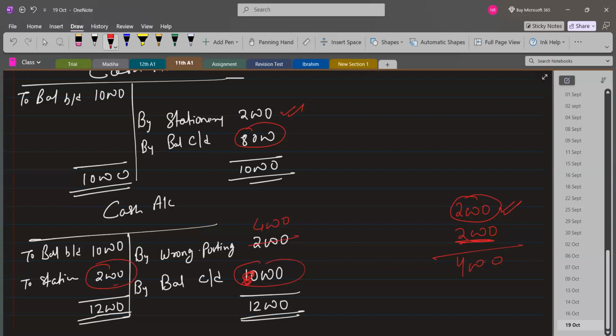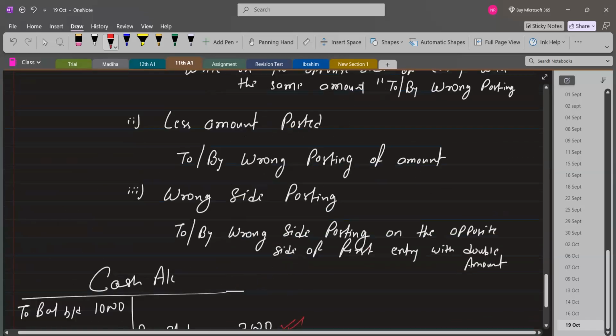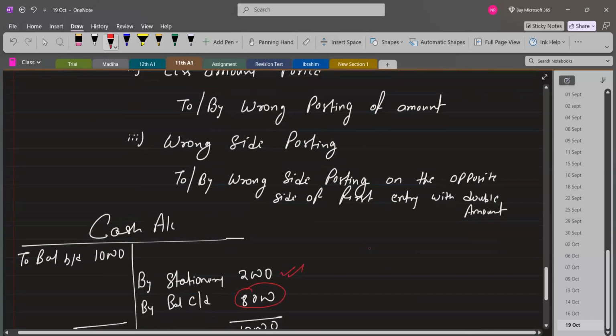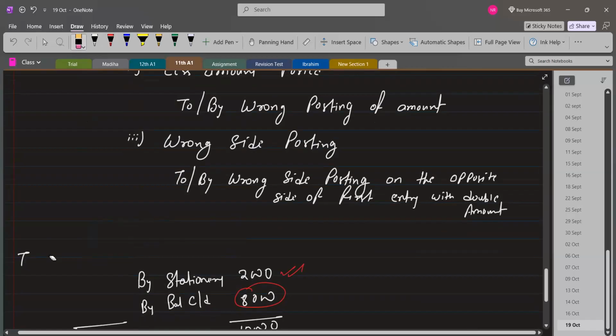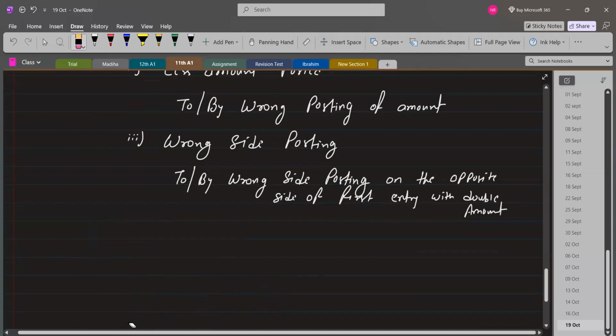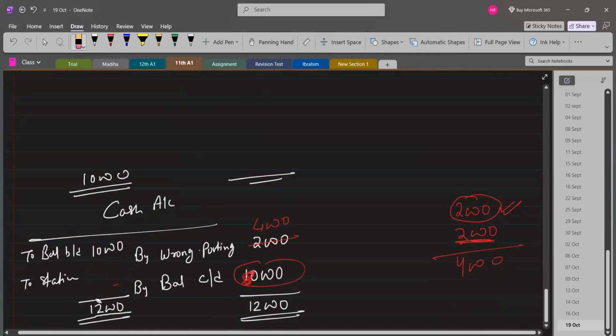Understood? Actually, this is rectification of entries. That's why I'm not going very fast, because if I go fast, then you will not understand it. Sir, this is actually very confusing.